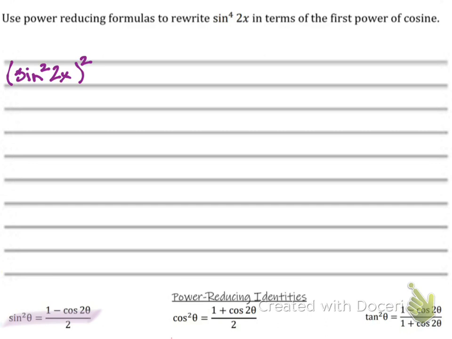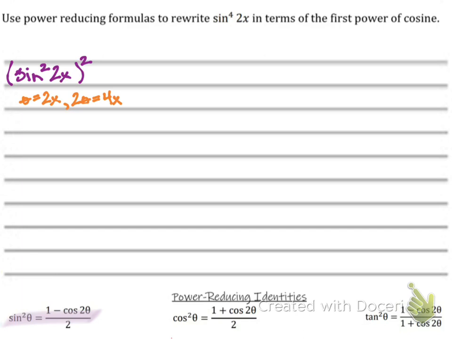So now let's replace sine squared 2x with sine squared theta. Okay? So the first thing that I want to pay attention to down here is that my theta right now is 2x, correct? So that means that 2 theta will be 4x, right?